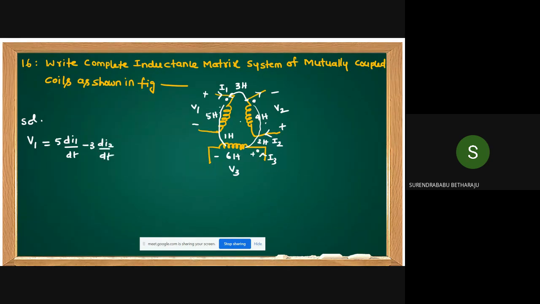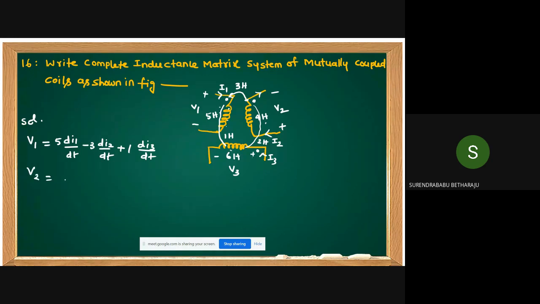Next, here also a connection is there. At this dot current is entering, and at this dot current is entering. I am comparing these two coils. Plus 1, what is the mutual inductance? 1 into di3 by dt. One equation is completed.